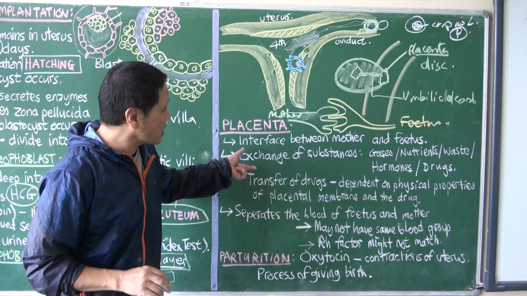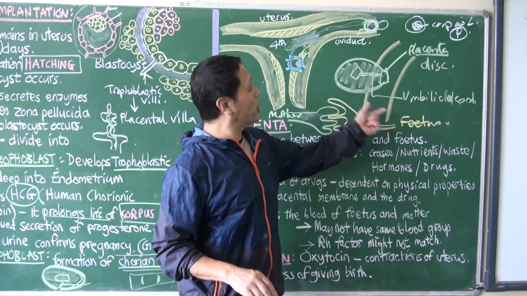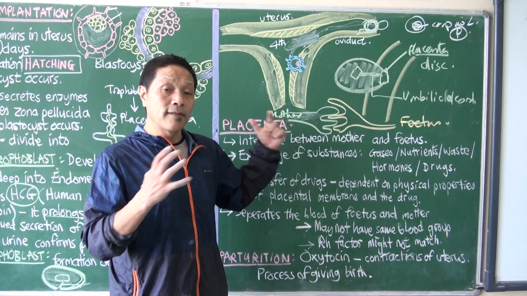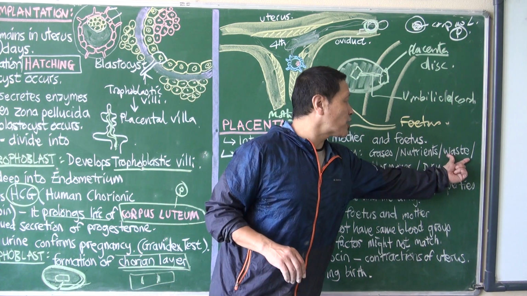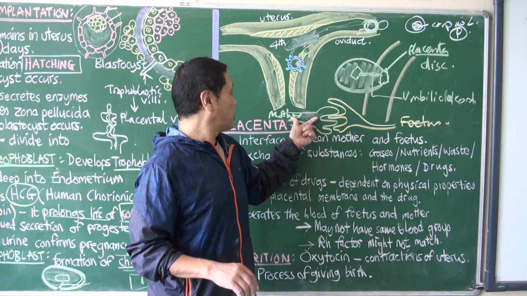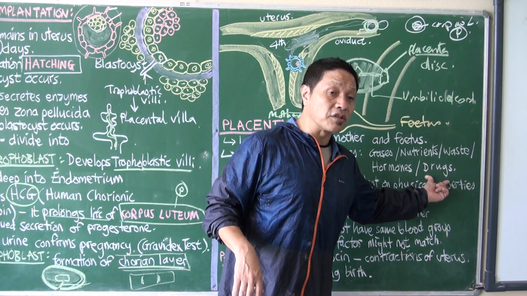Okay, it allows exchange of substances, and the substances are the gases, oxygen going into the fetus and carbon dioxide produced by the fetus going into the mother's blood system, and then nutrients are supplied by the mother, and waste produced by the fetus is taken away into the blood system of the mother. Hormones and drugs.